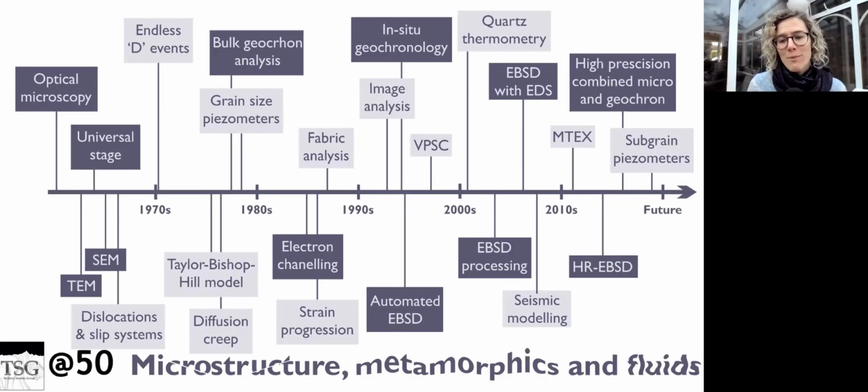Our ability to measure smaller and smaller things with ever-increasing precision is helping us to understand the way our Earth deforms and quantifying the mechanisms and rates at which that deformation happens. And this will continue to be fundamentally important to structural geology as we move forward for the next 50 years.